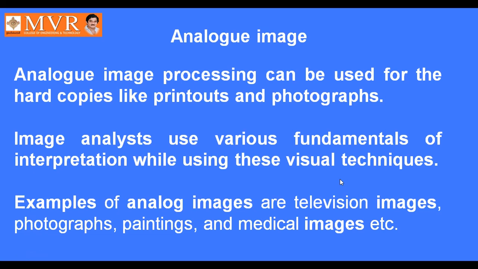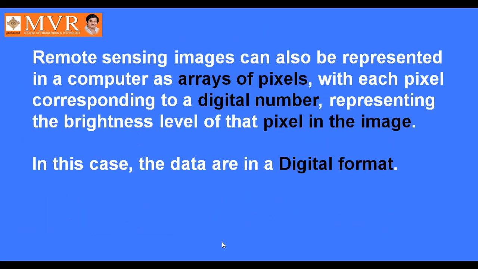Examples are analog image, television image, photographic, painting, medical image. Whenever you see by your human eye, this is the MVR college building, this is ground, this is trees, this is the road. Otherwise you could not get more information from the analog image.